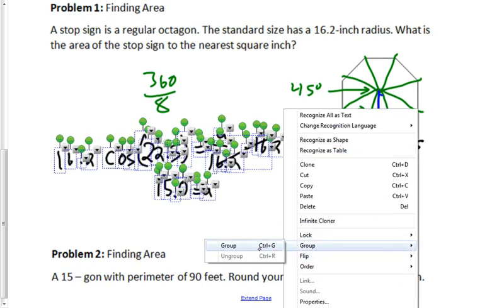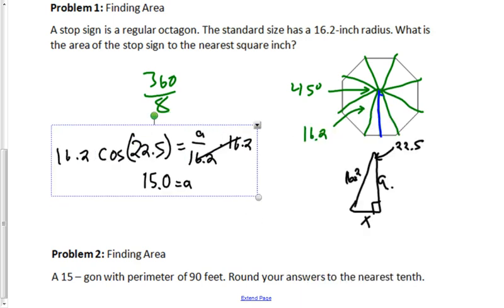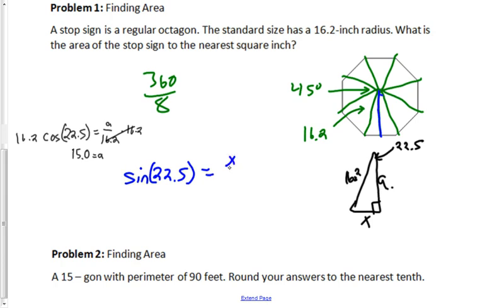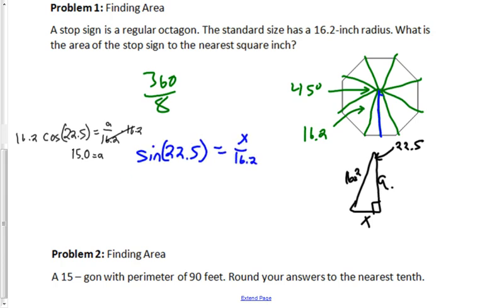Alright. We also need to find the x. To find that base part, we're going to do opposite over hypotenuse. So sine of 22.5 is equal to x over 16.2.